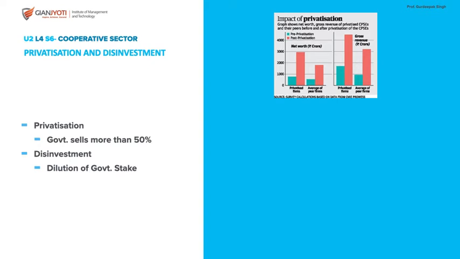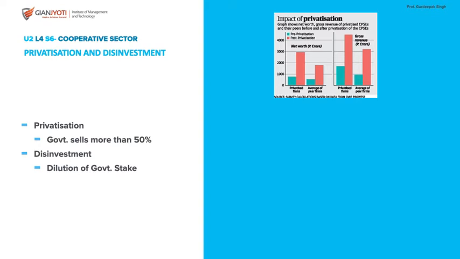Firstly, we need to understand the difference between privatization and disinvestment. Basically, privatization is part of disinvestment. Disinvestment means the dilution of government stake, where the government is selling its share and giving it away.